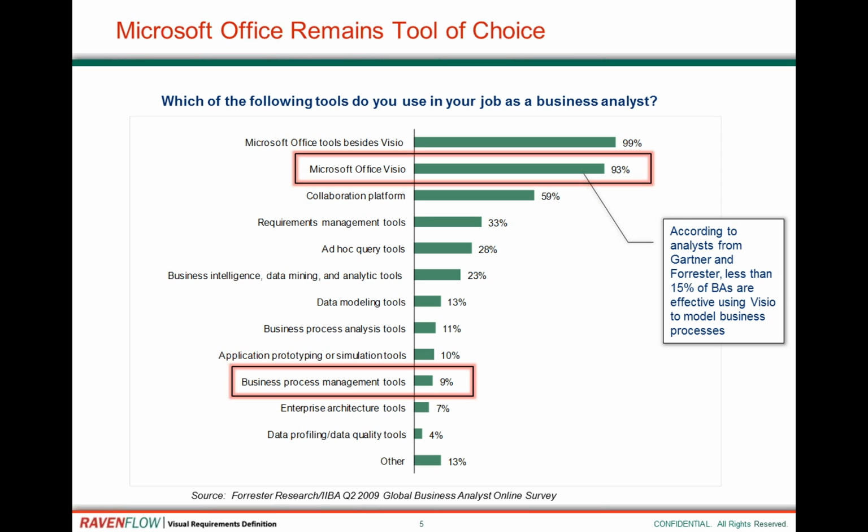And the responses range from a low of 5% to a high of 20%, but on average, 15% or less can use Visio effectively to create the types of process models that are needed to convey this shared understanding between business and IT in the scheme of an application project or a software development lifecycle.